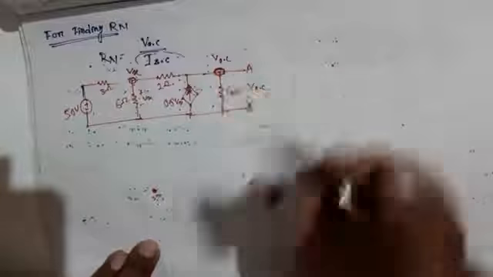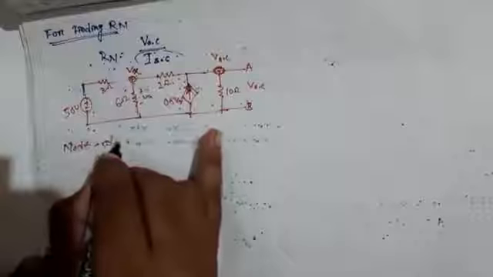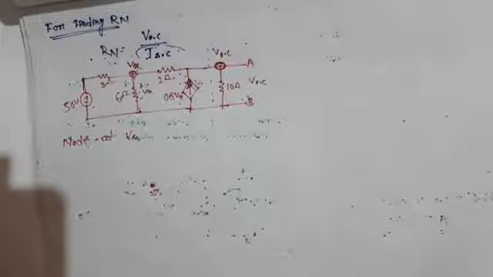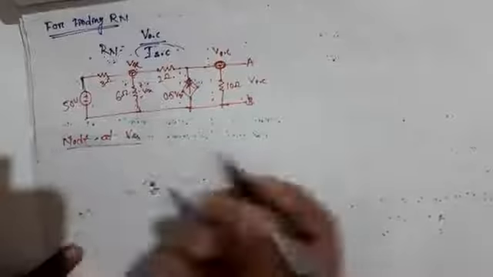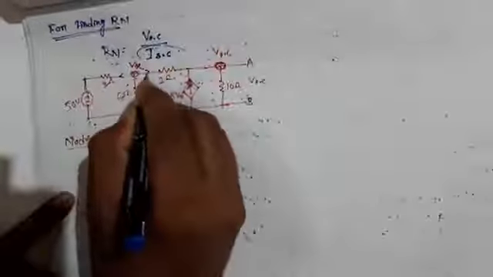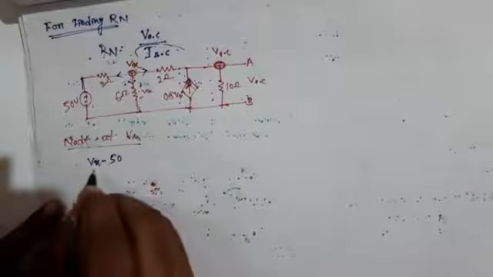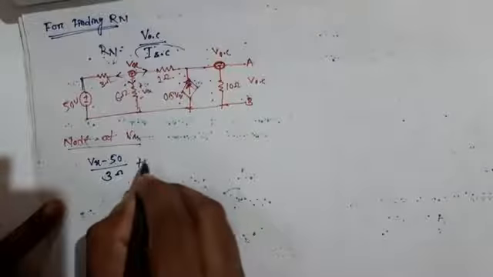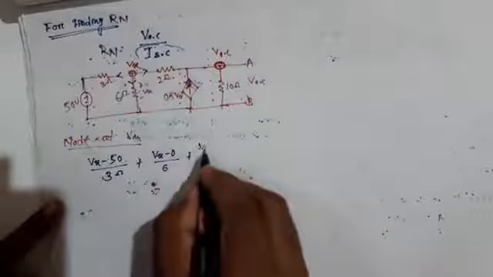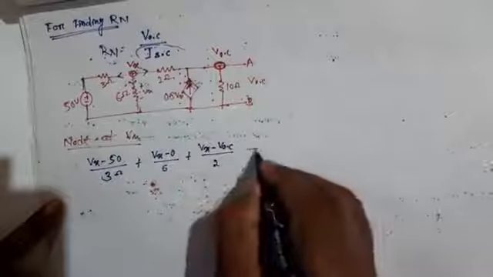We take the currents leaving the node: Vx minus 50 divided by 3 ohm, plus Vx minus 0 divided by 6, plus Vx minus VOC divided by 2, is equal to 0.